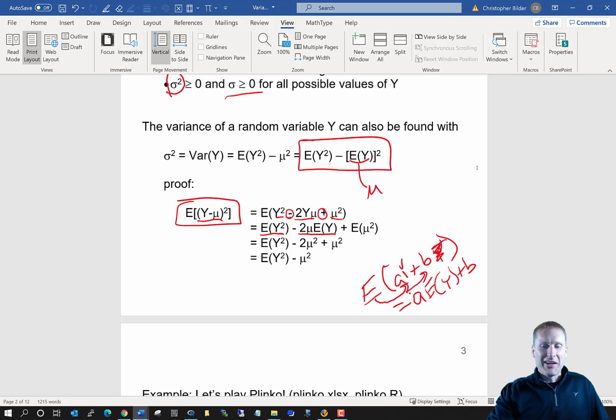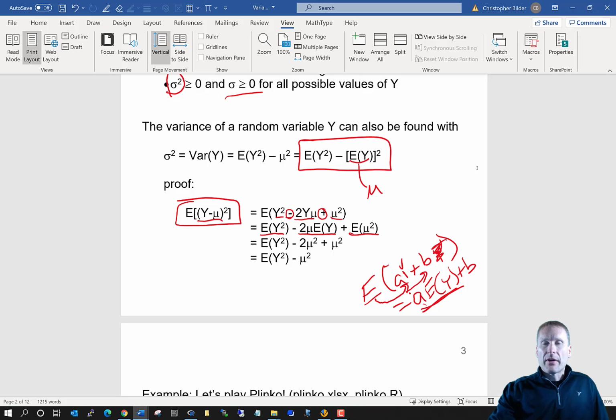Remember how we found the expected value of a times y is a times the expected value of y. If that's not clear, go back to our previous discussion when we were writing everything out in terms of integrals.